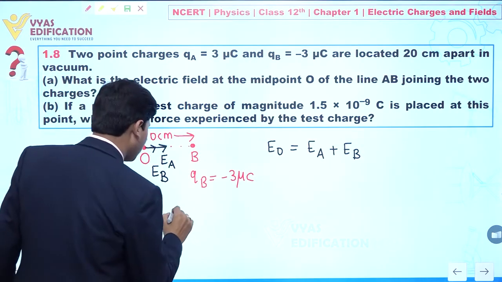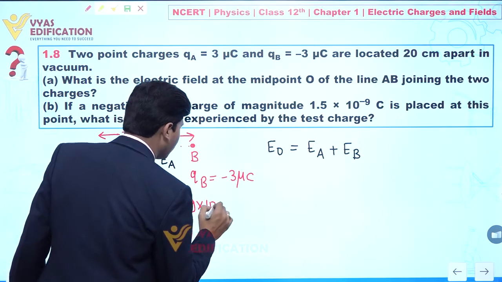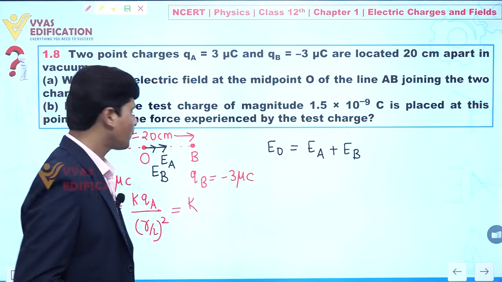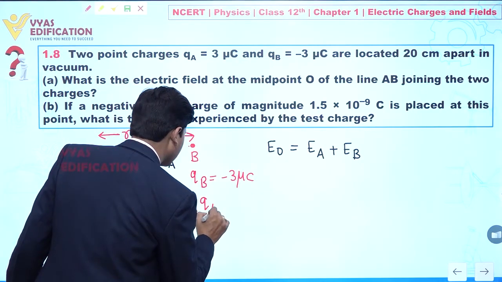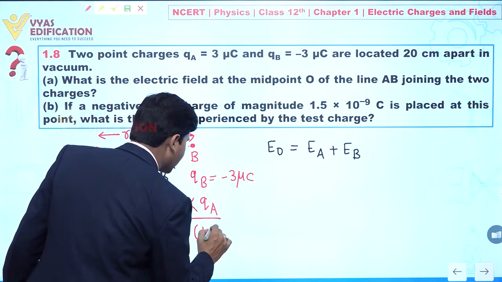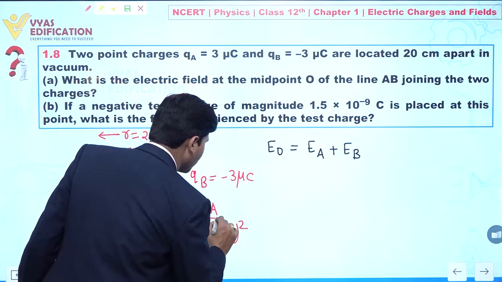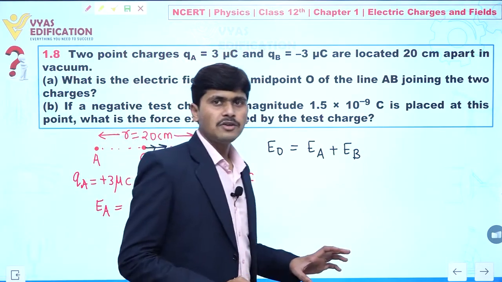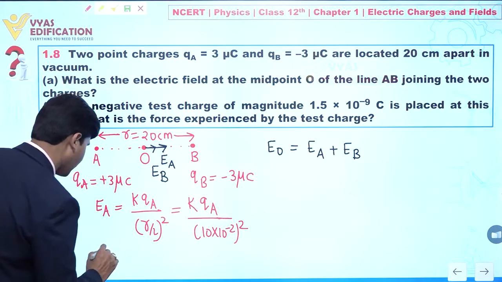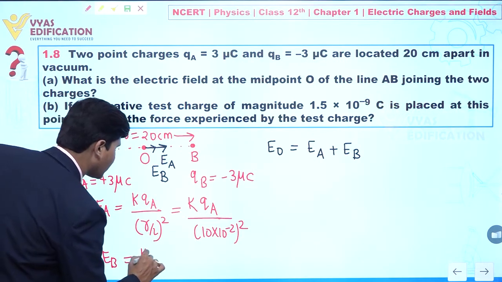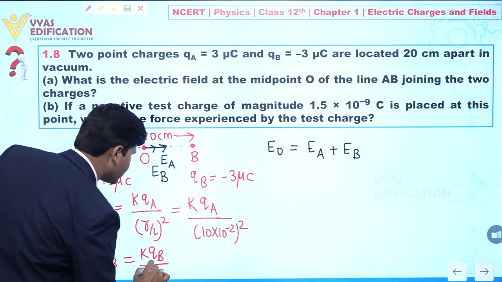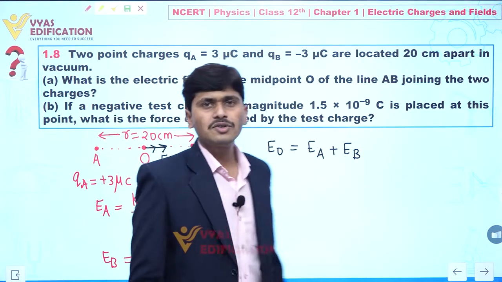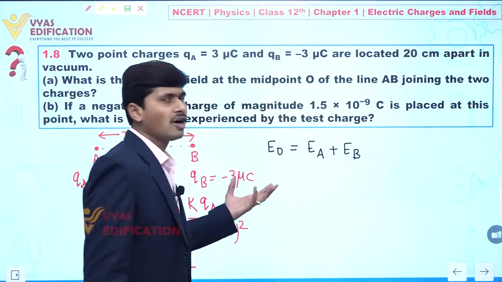From here, with the value of K as 9 times 10 to the power 9, we can write K times QA, and this distance is 10 centimeter, so 10 into 10 to the power minus 2, whole square. So this is the value of EA. Similarly, the value of EB is given by K QB divided by (10 into 10 to the power minus 2) whole square. Now we are going to calculate the value of the electric field.